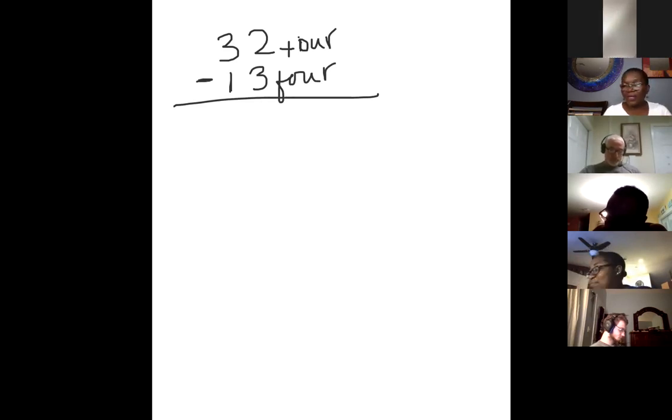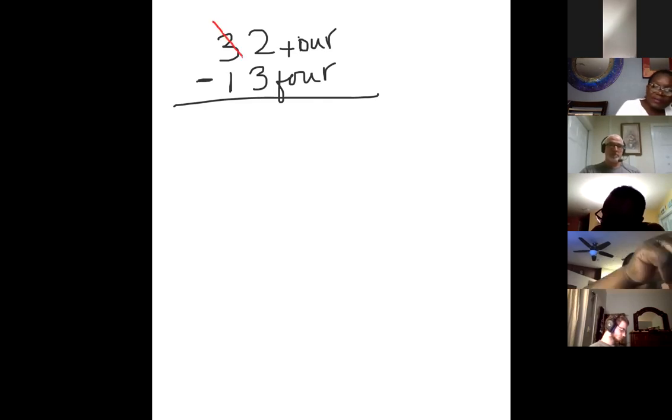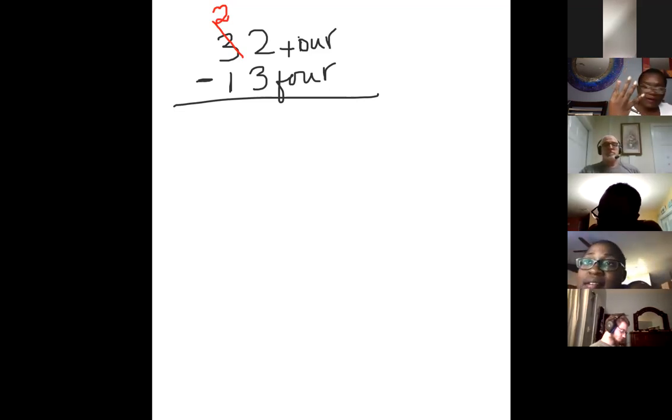So on this one right here, we cannot subtract 3 from 2. So we're going to go ahead and borrow 1 from 3. You looking, Valerie? So we subtract 1 from 3. So 3 becomes 2. Now that 1 that we borrowed becomes 4 because we're in base 4, we're going to take the 4 and add it to 2.